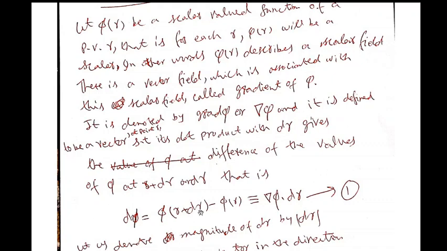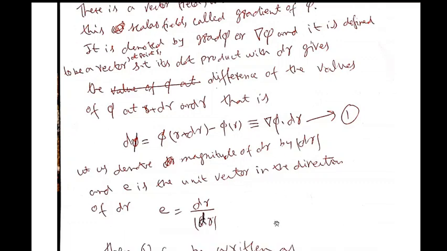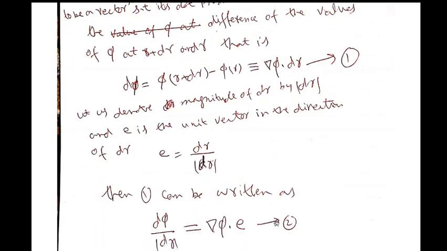So we will denote this d phi. As dr is a vector, we can denote its magnitude with magnitude of dr. After dividing this by its magnitude, from equation number 1 we get equation number 2, d phi over dr equals del phi dot e.